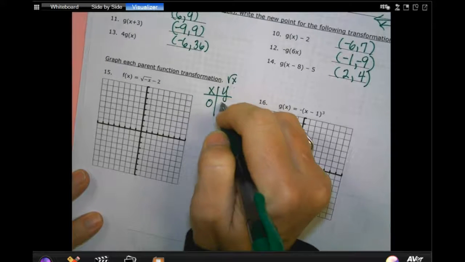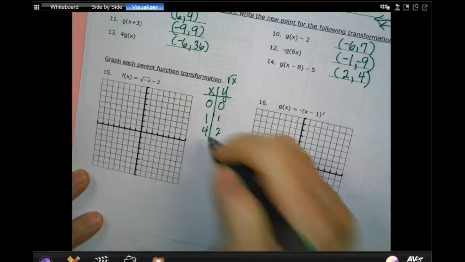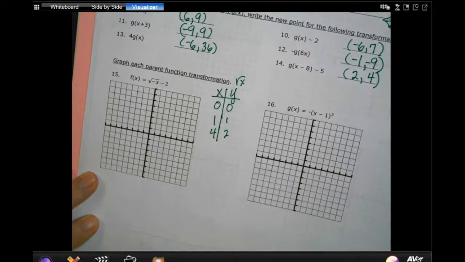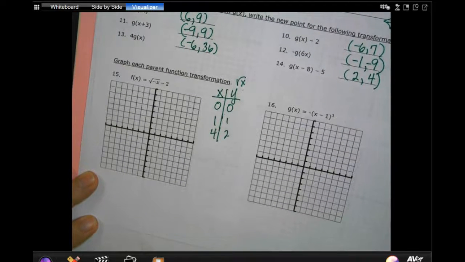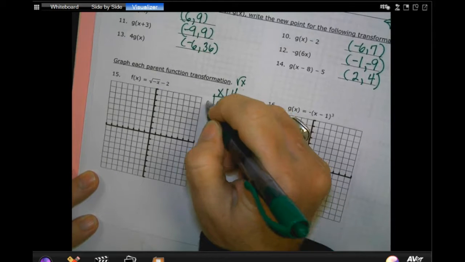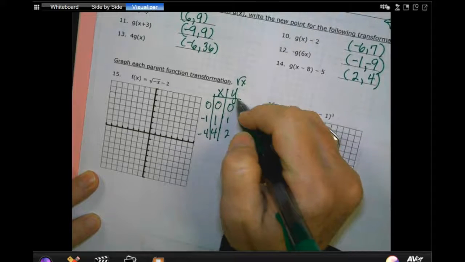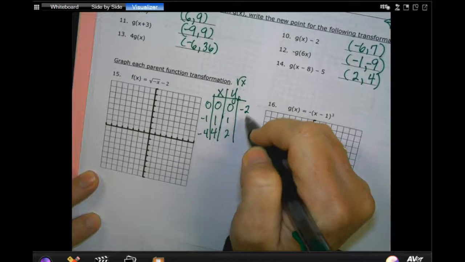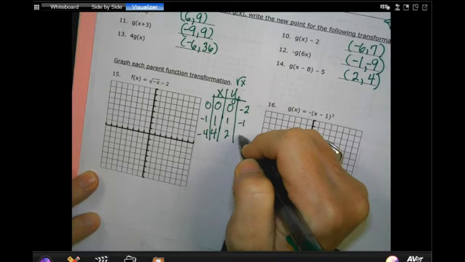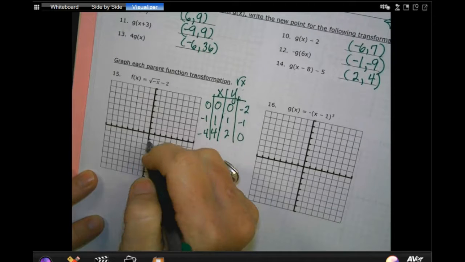So if I have 0, 0, and I just pick points I can graph. So now the negative is going to affect the x's. And the -2 is going to affect the y's. So you plot your new points.